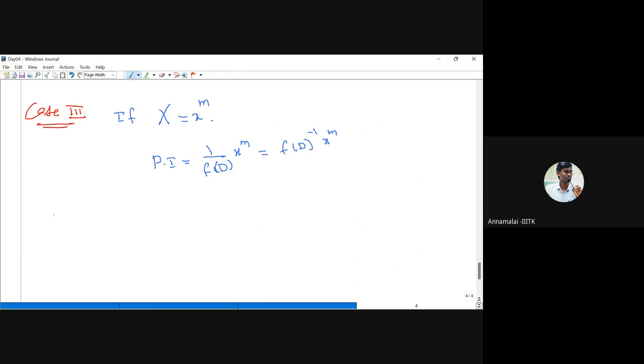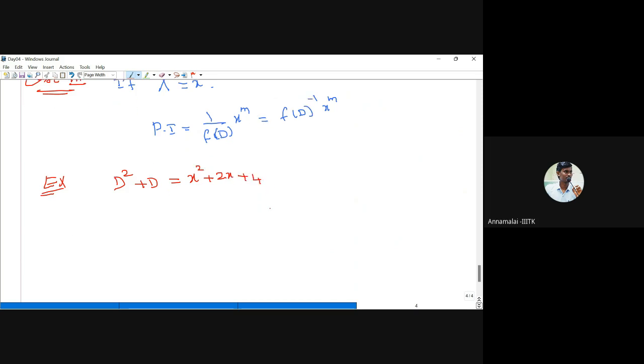Example, exercise: find the particular integral of (D square plus D) y equal to x square plus 2x, and if you want, you can take plus 4. So this contains 3 terms.